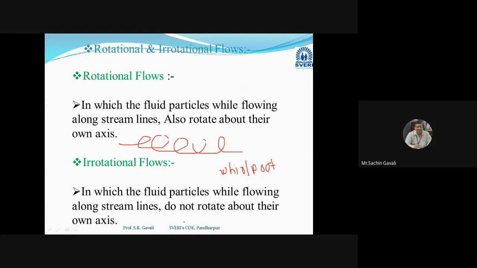So the flow in the basin from the tap to the drain hole is rotational flow, and after the drain hole the flow becomes irrotational. Irrotational means that while flowing, fluid particles do not rotate about their own axis or own mass center.